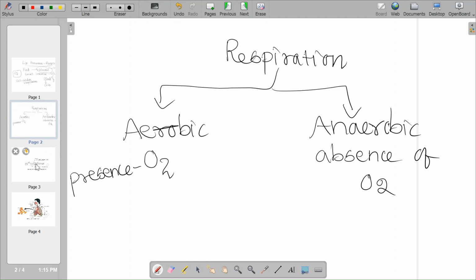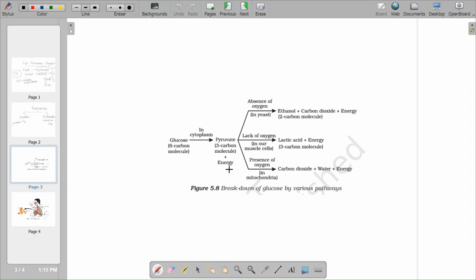In our NCERT book, we have this pathway diagram: breakdown of glucose by various pathways. We learned about aerobic respiration. In aerobic respiration, glucose is broken down into pyruvate.